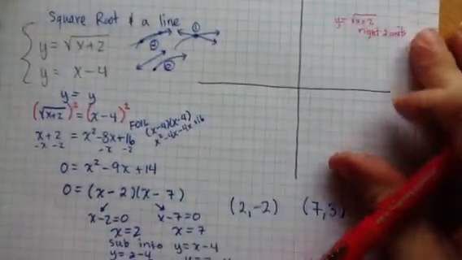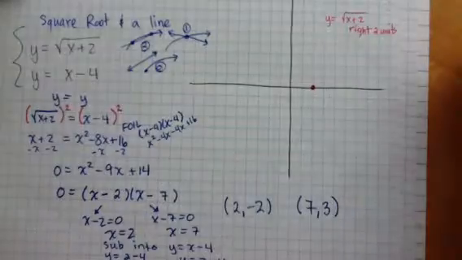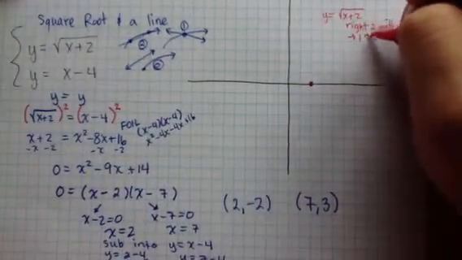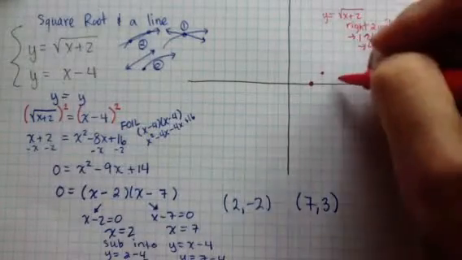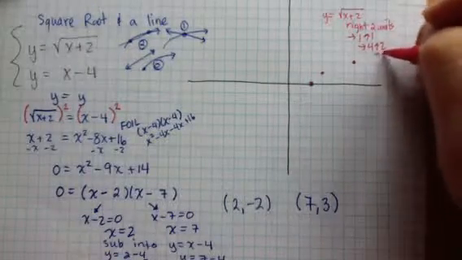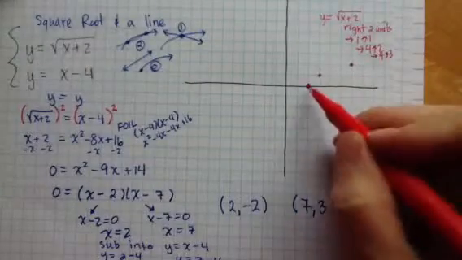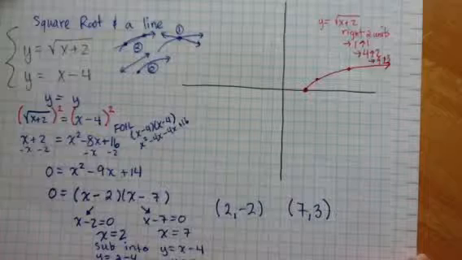So instead of starting at 0, 0, I'll start at 2, 0. And then there's no stretch or compression, so I'll be going over 1, up 1, and then over 4, up 2, and then I would go over 9, up 3, but that's going to be off the graph, so we'll just go with those and kind of make that general shape of a square root.